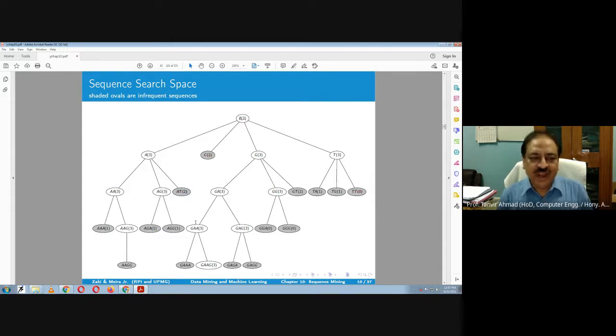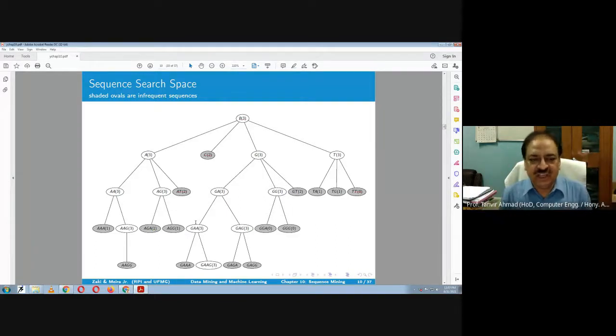Then you will not be joining, and you are not generating any further extensions of AT because you are cloning from the database.